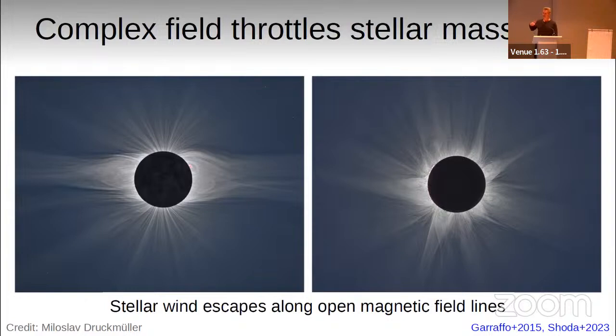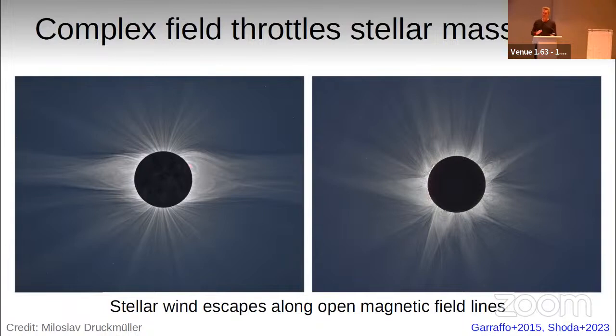Because mass loss goes along open magnetic field lines, and the amount of open magnetic field lines changes over the course of the solar cycle and on stellar evolutionary timescales as well. And so basically more complex field throttles the stellar wind. And so you can basically reduce the mass loss rate beyond what is expected in traditional models to further decrease the angular momentum loss rate, okay?